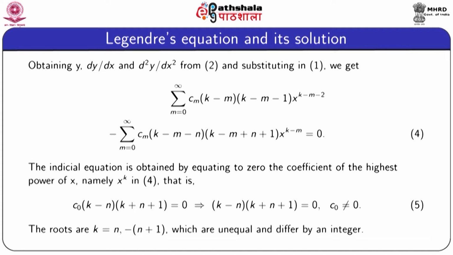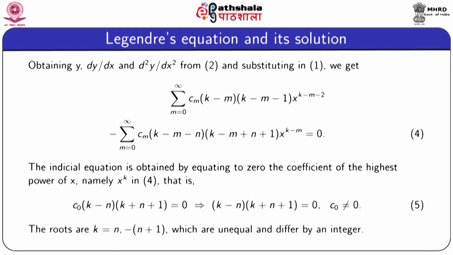For example, if I put m equal to 0 here, I get x to the power k, and here I get x to the power k minus 2. If I put m equal to 1, I get x to the power k minus 1 here and x to the power k minus 3 here. So, obviously, x to the power k is the highest power of x that we obtain from this equation by substituting m equal to 0.